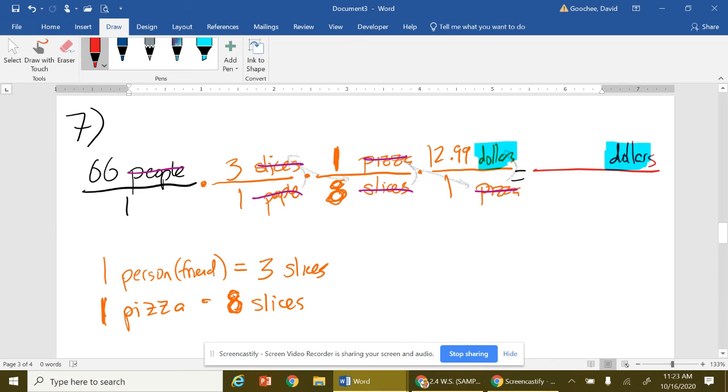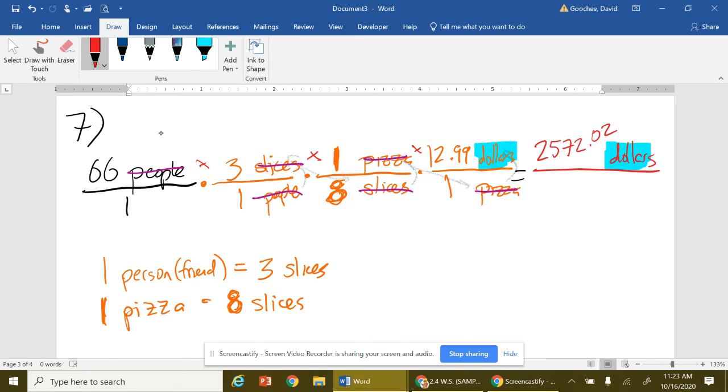Now comes the multiplication part. Across the top, 66 times 3 times 1 times 12.99. Here we go. 66 times 3 times 12.99. Okay, here we go. $2,572.02.